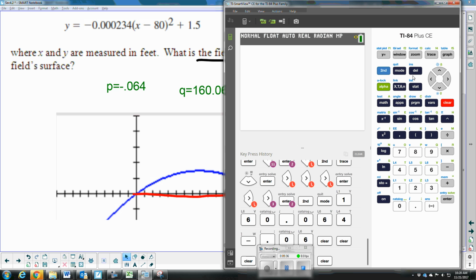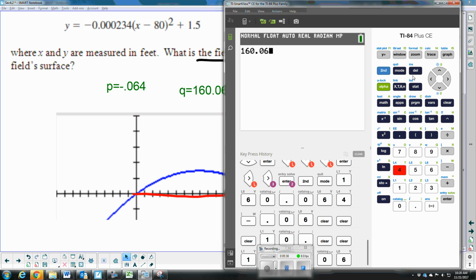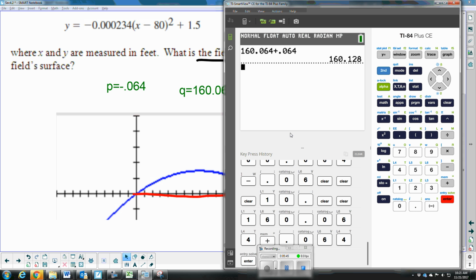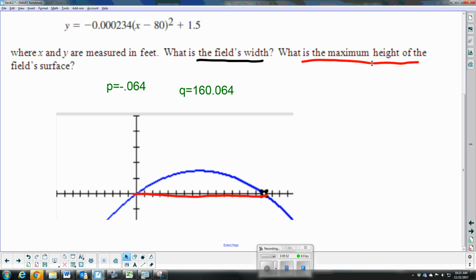So 160 minus negative 0.064, which is plus. That gives me a field width of 160.128, and it says it's measured in feet.